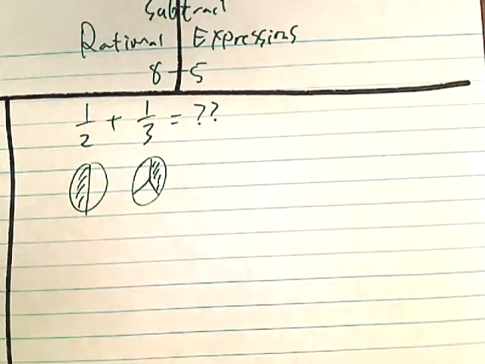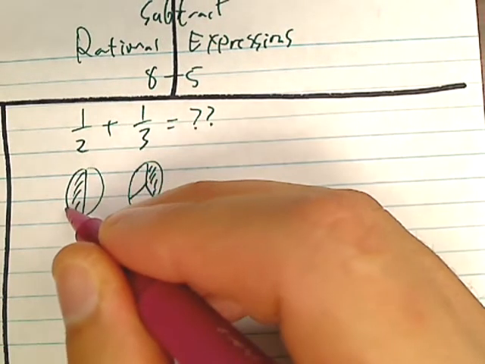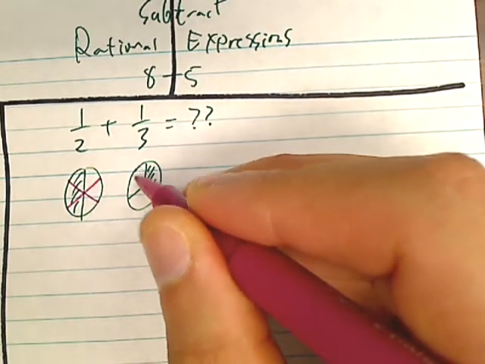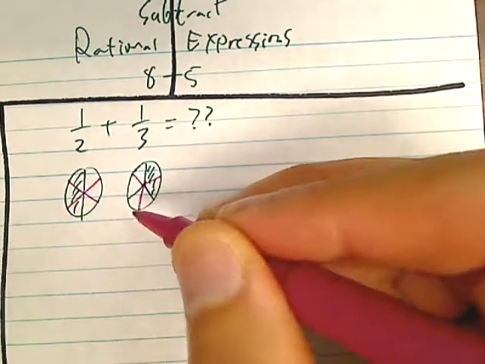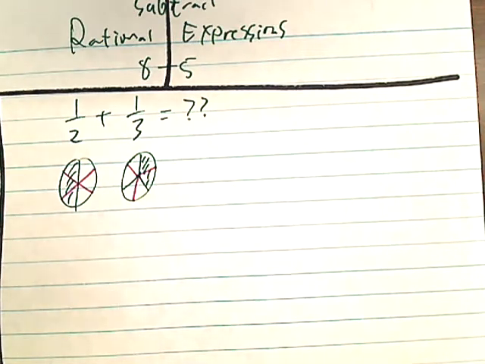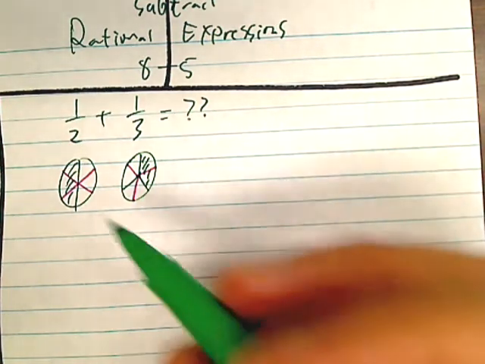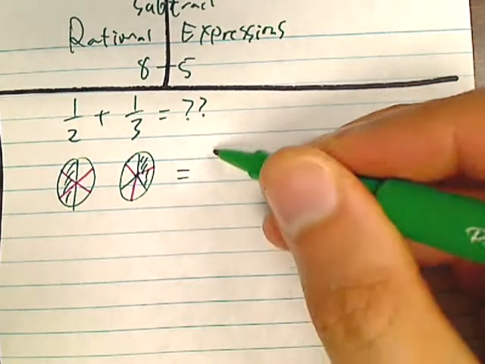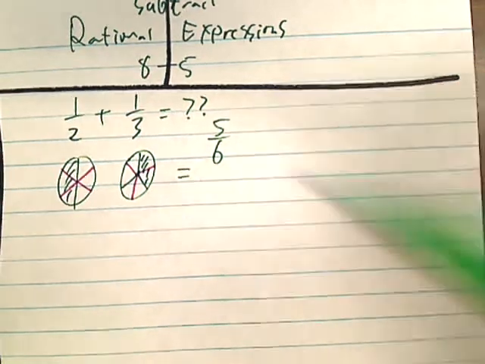Well, you make them the same size pieces. So 2 and 3 both go into 6, so we divide them both into sixths. And when I divide them both into sixths, now the pieces are the same size. Now they're comparable to each other. So here I have 3 sixths and 2 sixths, and that gives me 5 sixths.